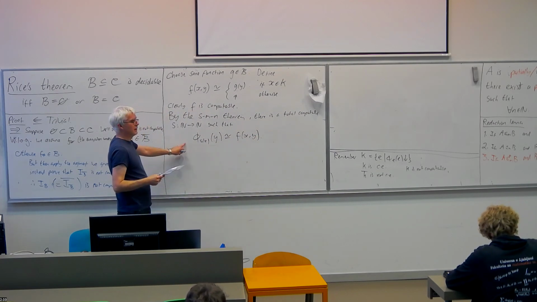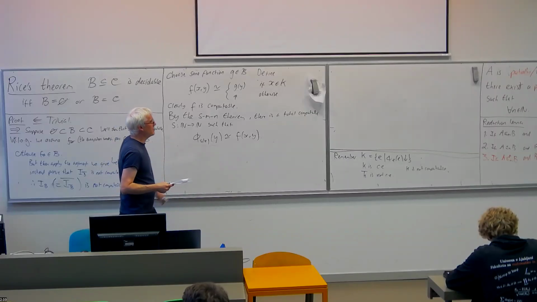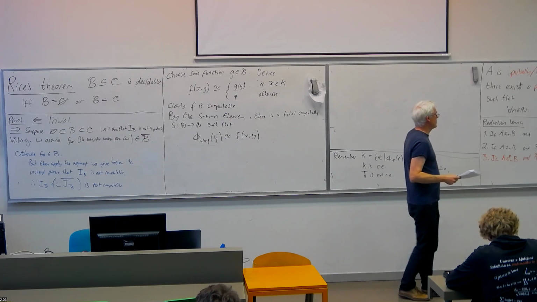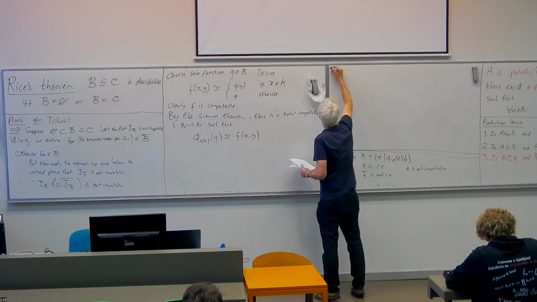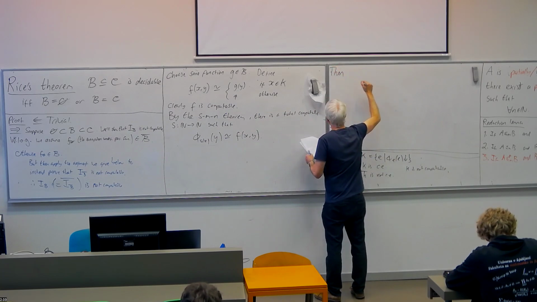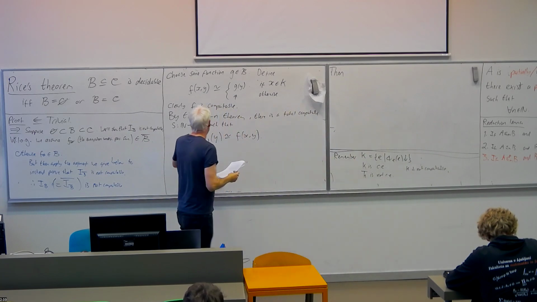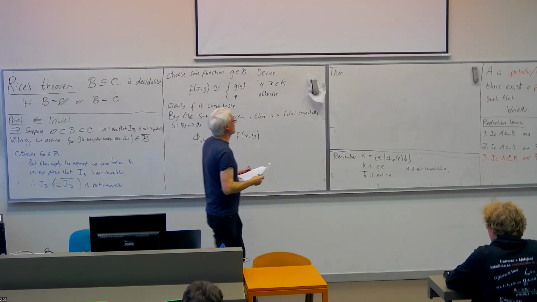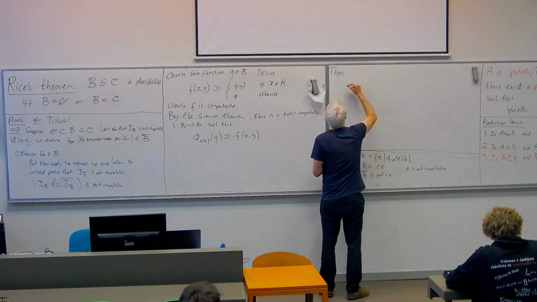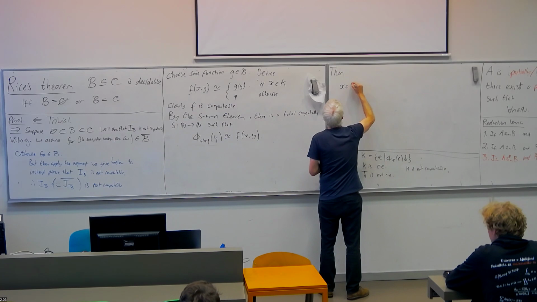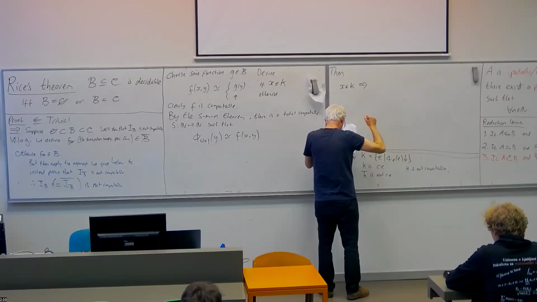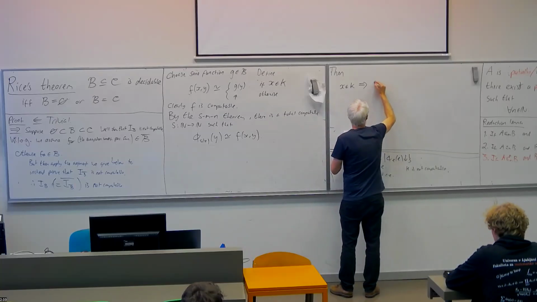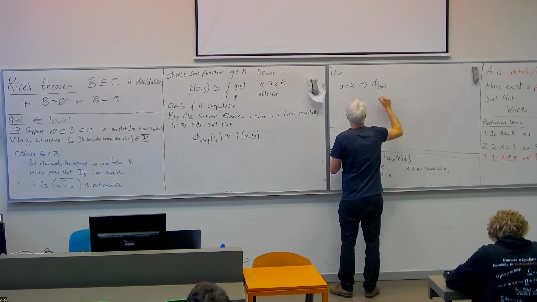What I'm going to show you is that S is a reduction from the index set of B to K. So I need a bit of space here, so let's do it here. So then what we have is, if we consider an x belonging to K, then we consider the function phi of s of x.